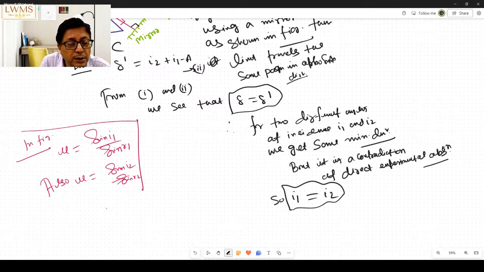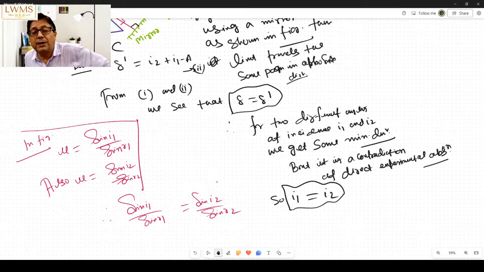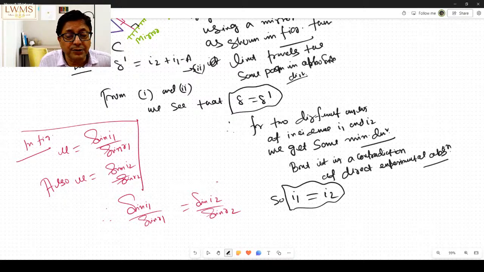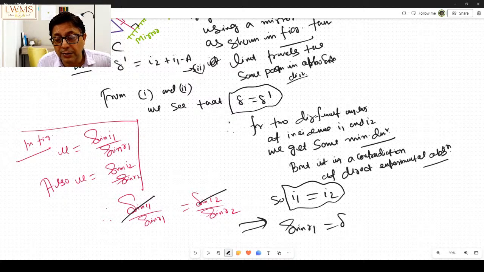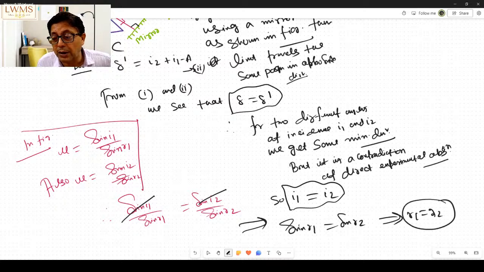So these two are equal: sin I1 by sin R1 equals sin I2 by sin R2. But you got I1 equal to I2, so cancel this. This implies sin R1 equals sin R2, or R1 equals R2. So for minimum deviation, I1 equals I2 and R1 equals R2.